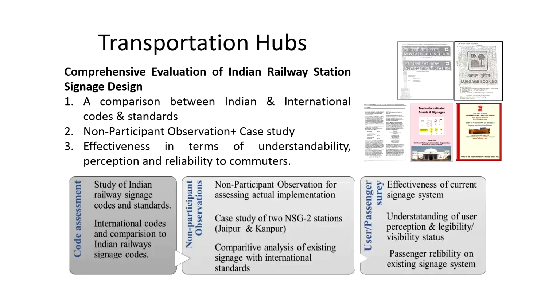In the third part of the method, they did a survey on the effectiveness of the current signage system. In this survey, they gave a questionnaire so that they could calculate it in a quantitative manner. They found certain observations and got an understanding of user perception, legibility and visibility status.